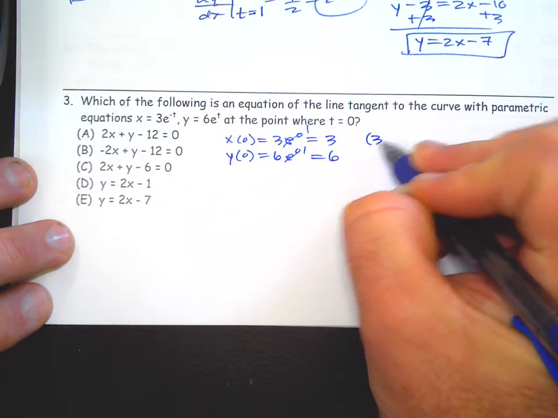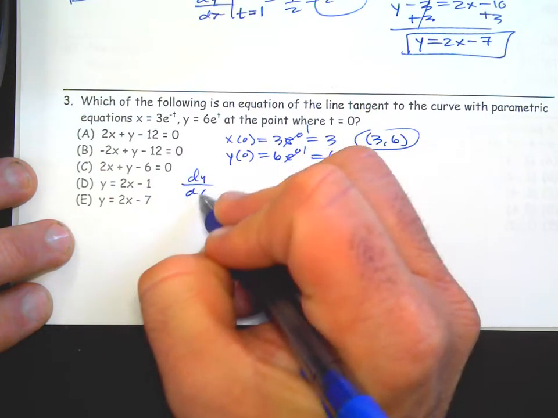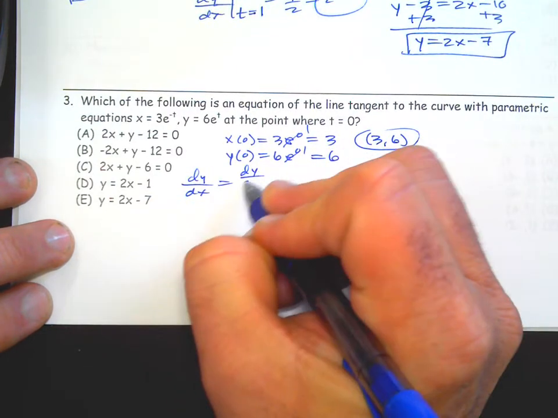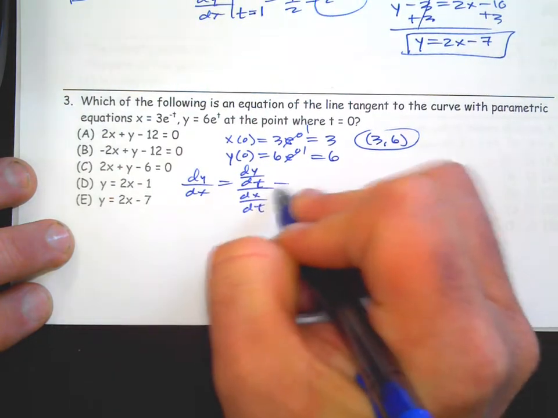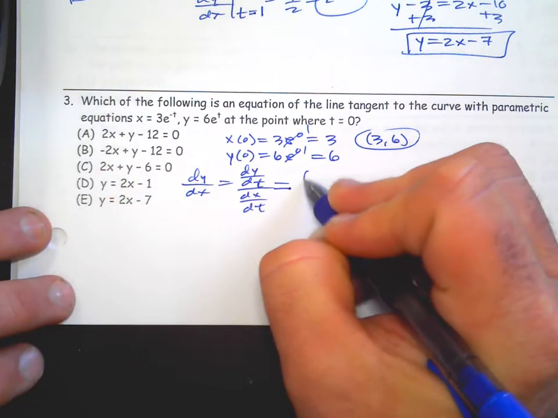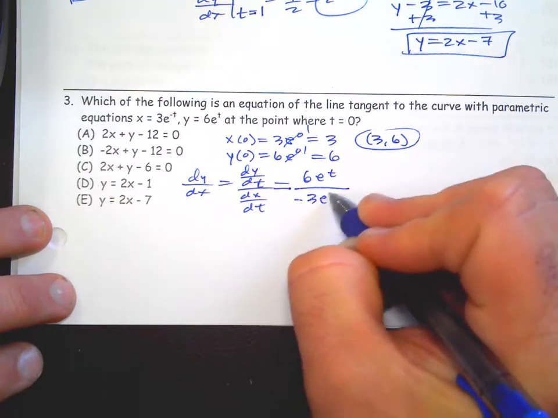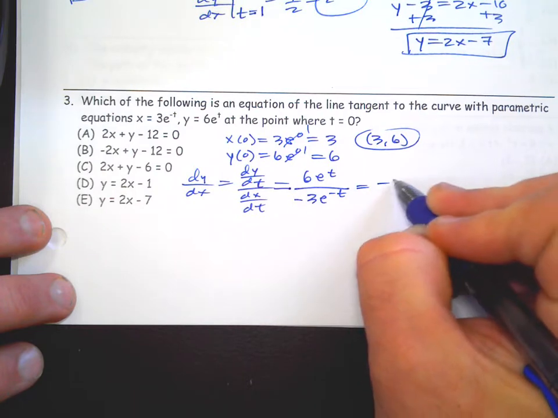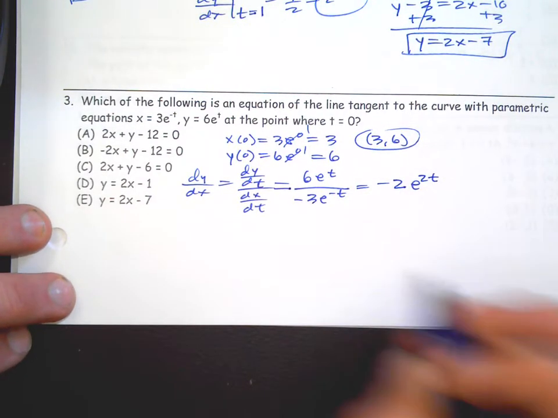So the point is (3, 6). Then we need dy/dx, which is dy/dt over dx/dt. So dy/dt is 6e to the t. dx/dt is going to be negative 3e to the negative t, which would be negative 3e to the 2t if you use rules of exponents.